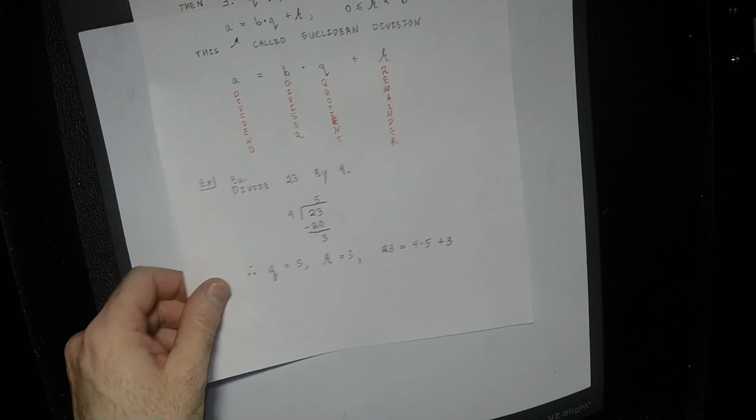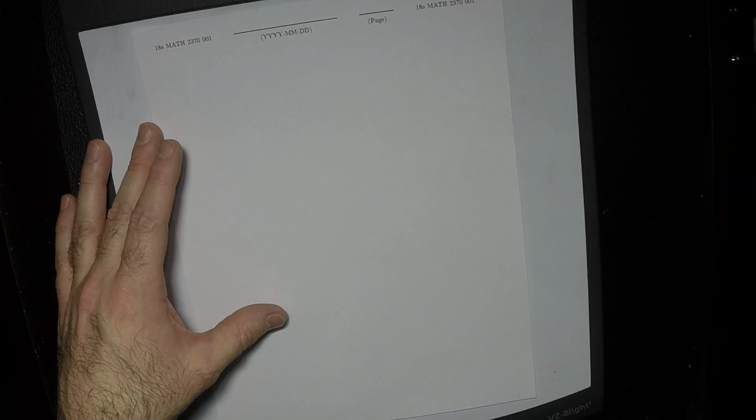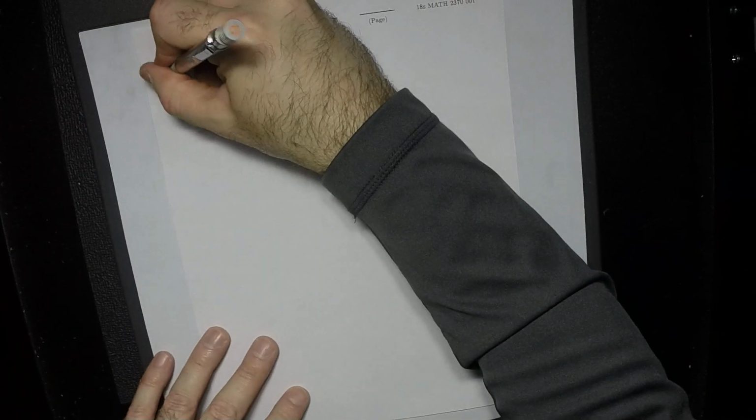Okay. So now we're going to see how we can define a function that will do this work for us. So let's think about it for a minute. So, remark.